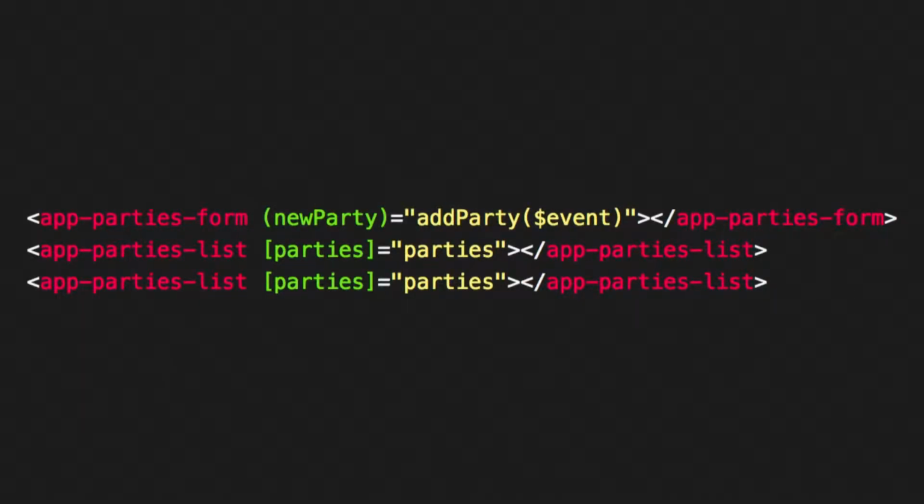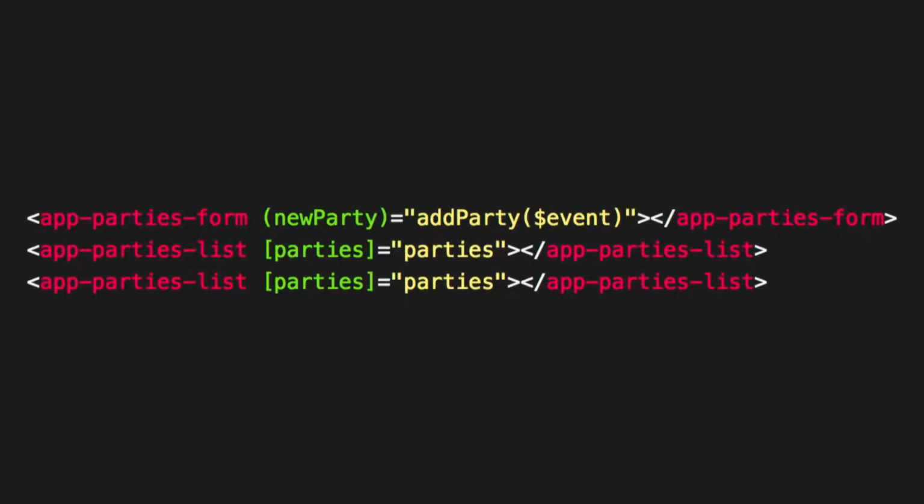So here we're looking at a component which has a child component for creating a party as well as two party list components. Hypothetically, if we interacted with the parties form child component, change detection is triggered in our parent component, and now the parent will invoke change detection in its children, such as the two party list components, and it'll invoke a depth first traversal in the component tree.